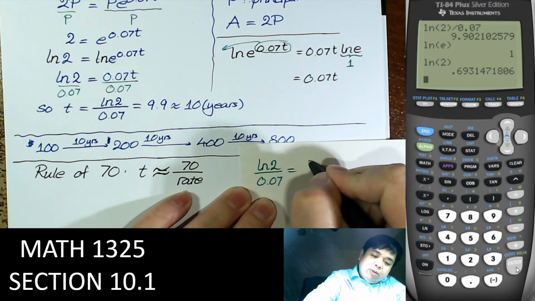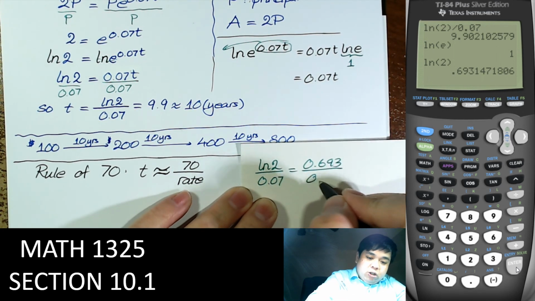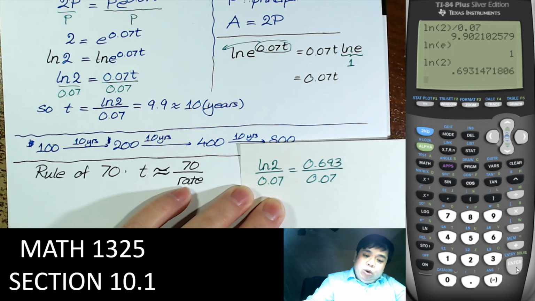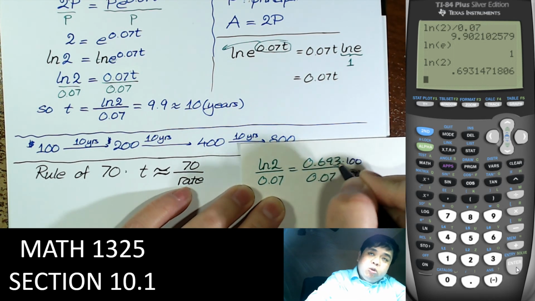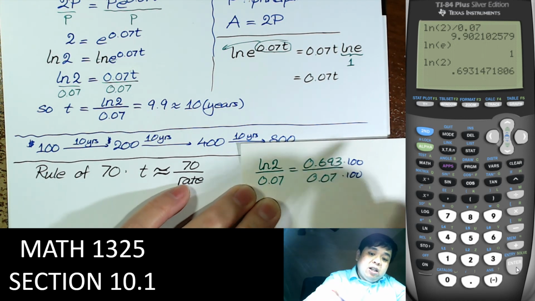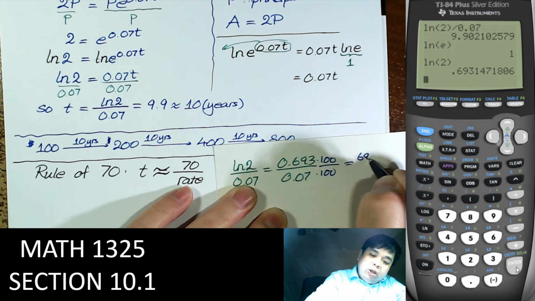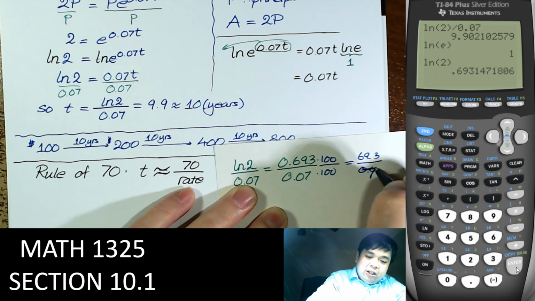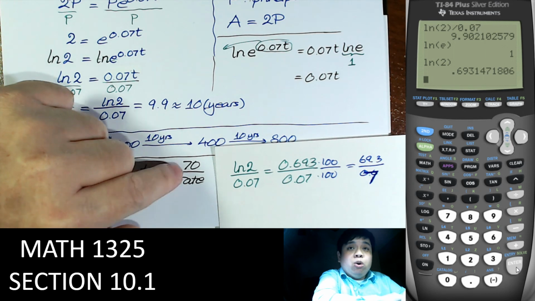Now ln of 2 is 0.693 and the rate is 0.07. Now if we multiply 100 on the top and the bottom, just move the decimal point 2 places to the right, and that gives us 69.3 divided by 7. Now what you see, 69.3 is very close to 70.